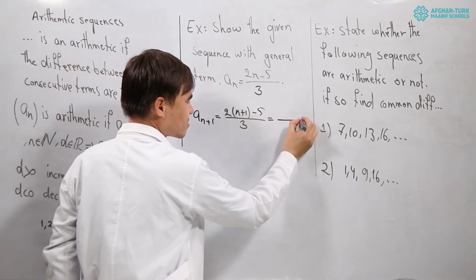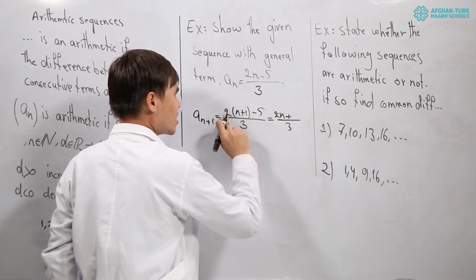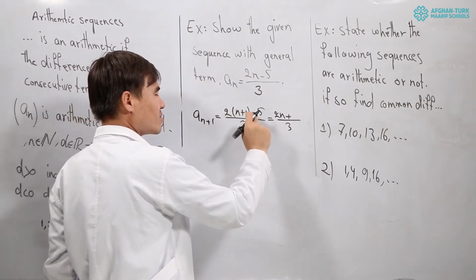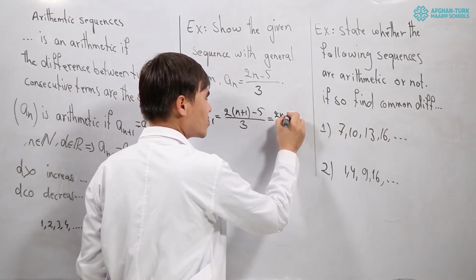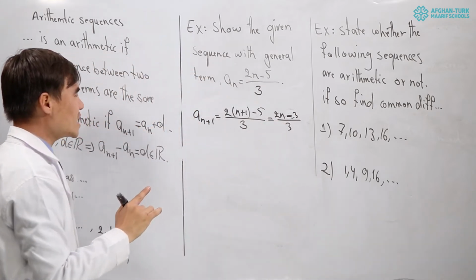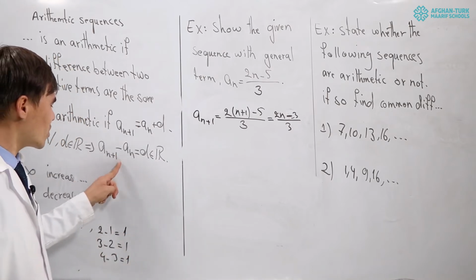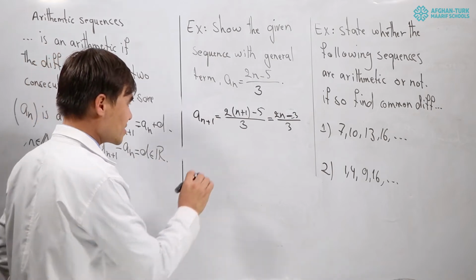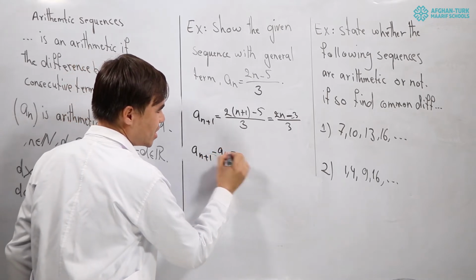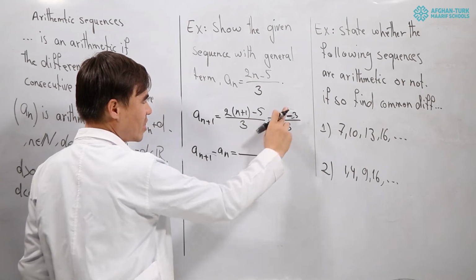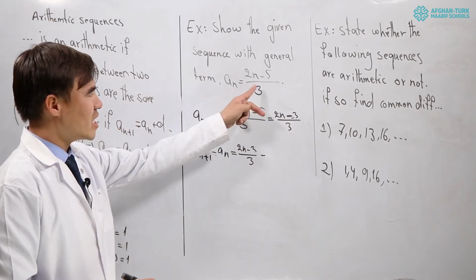Let's simplify this. 2 times n plus 2 times 1 is 2n plus 2, minus 5 will be negative 3, so a_(n+1) is (2n minus 3) over 3. And we said that to have an arithmetic sequence, we must check this condition: a_(n+1) minus a_n is equal to a real number.